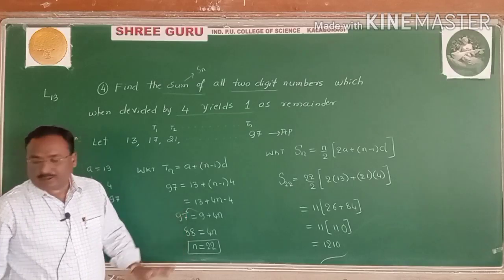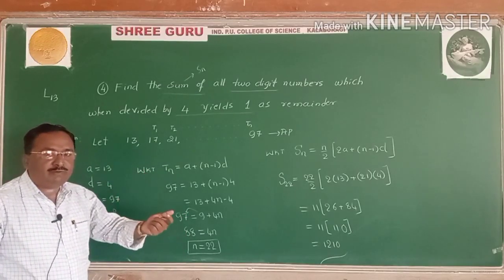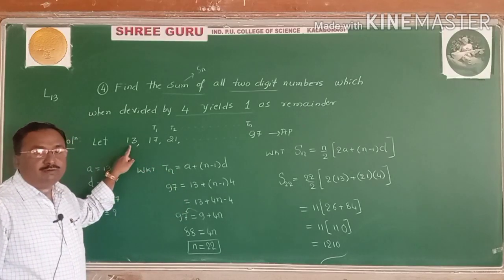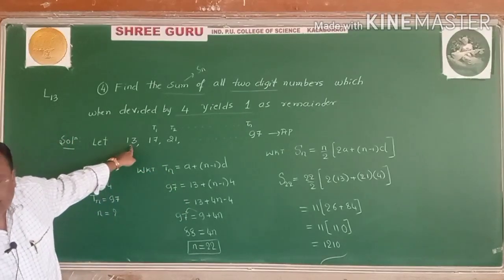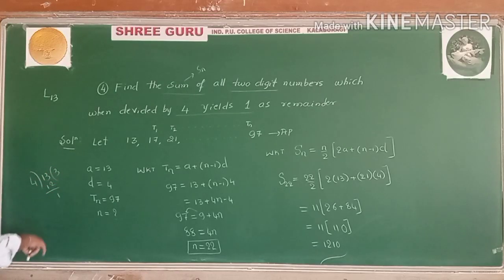Any doubt here? Two-digit numbers divided by 4 should leave remainder 1. First number 13: 4 threes are 12, remainder is 1.